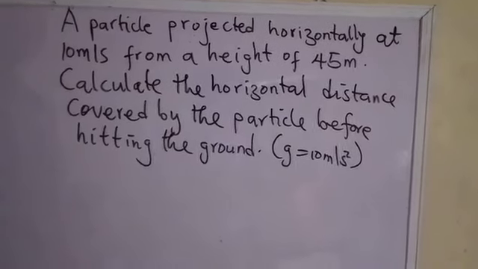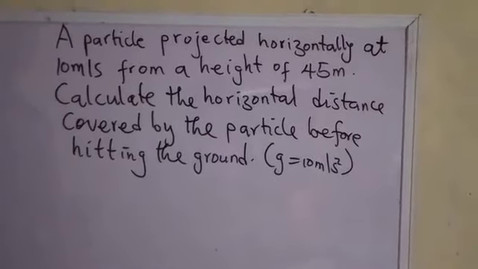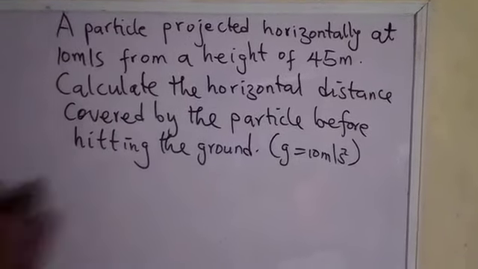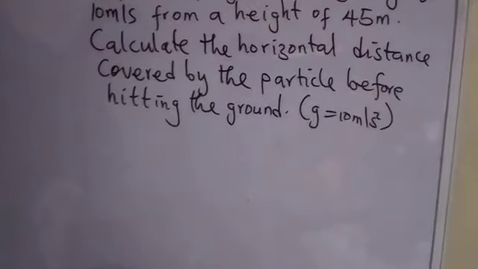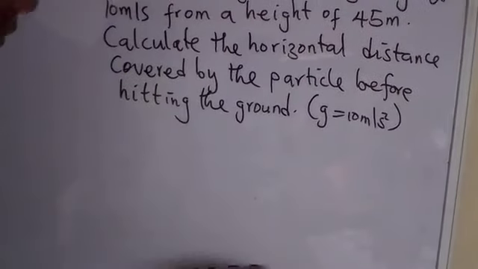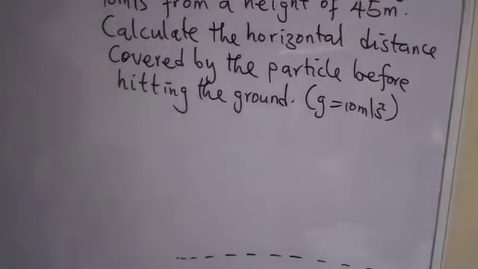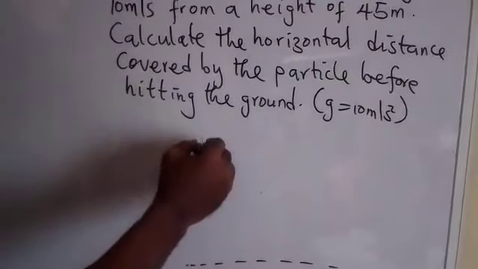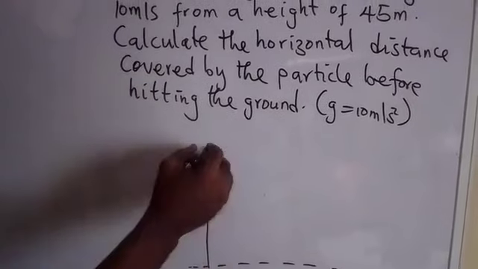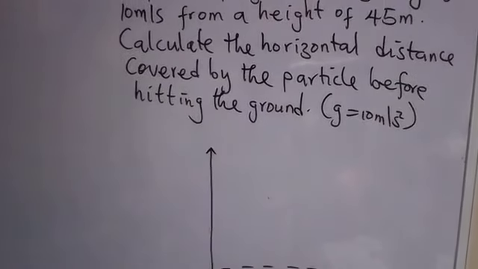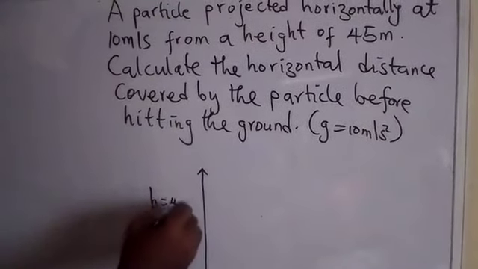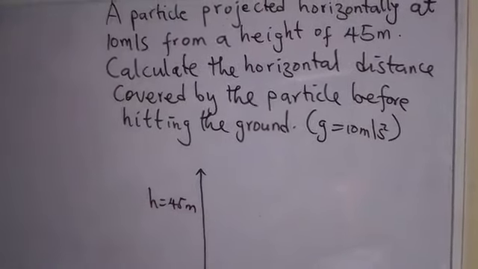As usual, I will advise try and sketch if possible. Okay, now I'm going to try to do that here. Remember, this is the ground where we all stand, and here you have an object, a structure whose height is 45 meters.